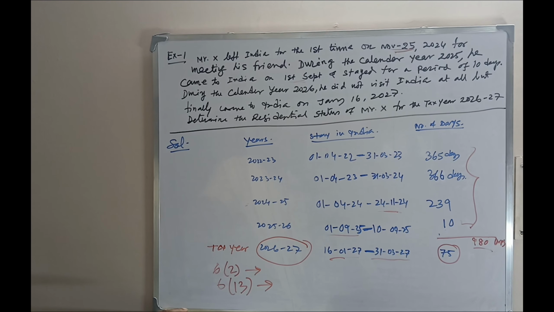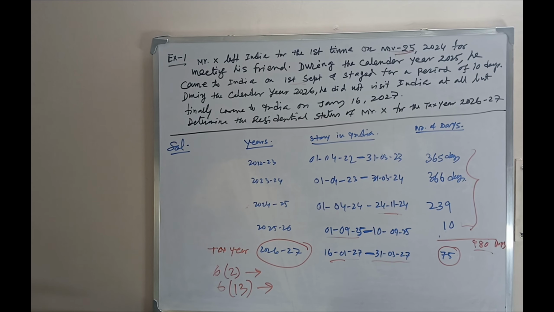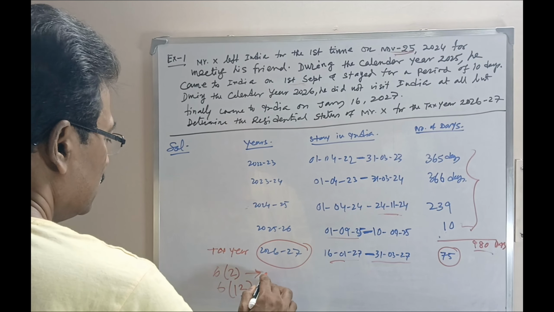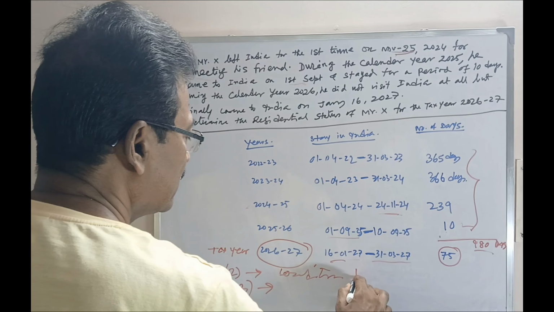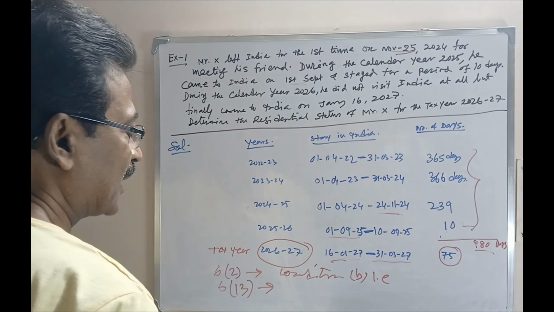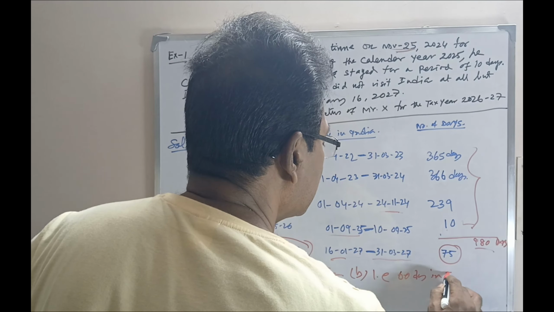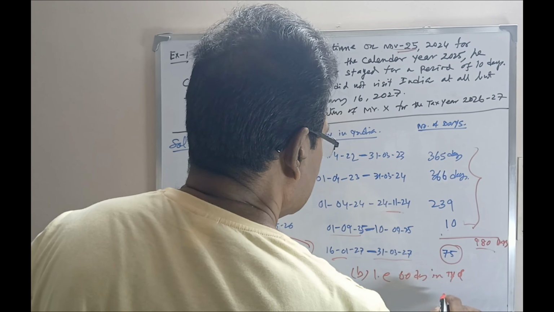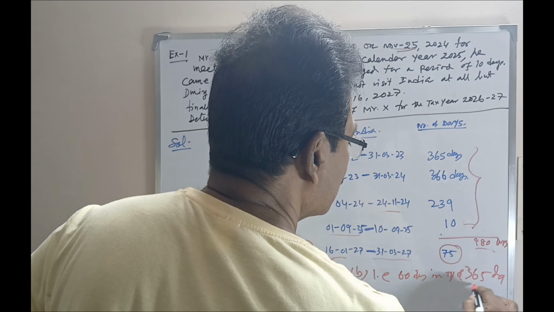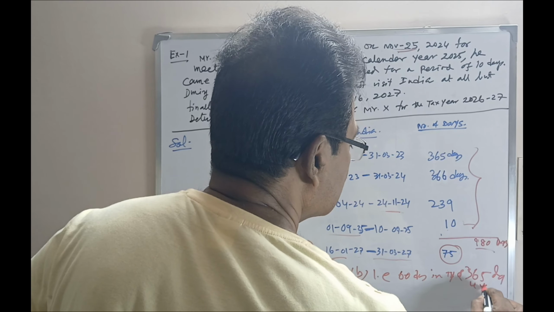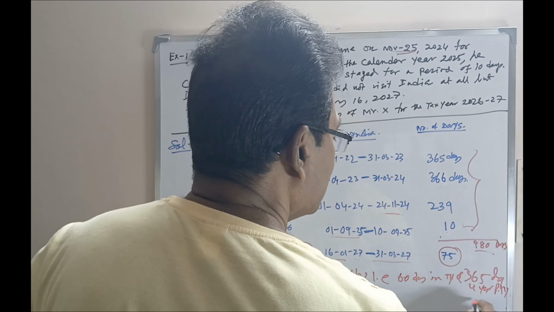That means Mr. X is resident and ordinarily resident. He has fulfilled condition B, that is 60 days in the tax year and 365 days during the 4 years preceding the tax year.